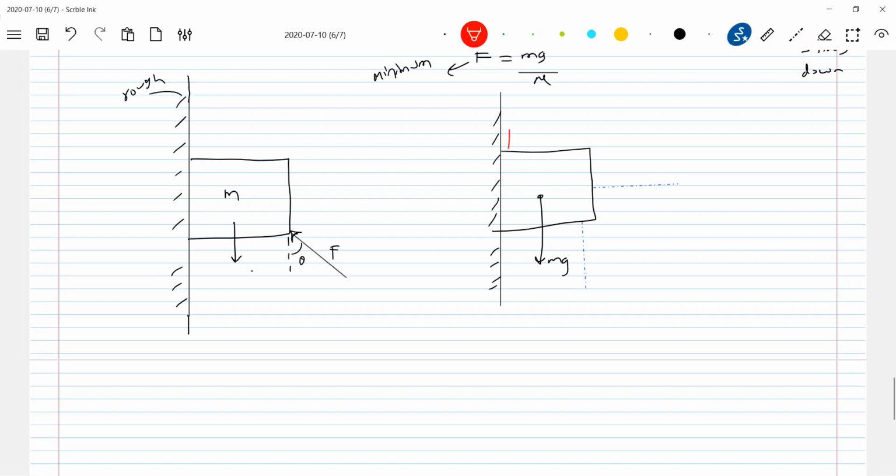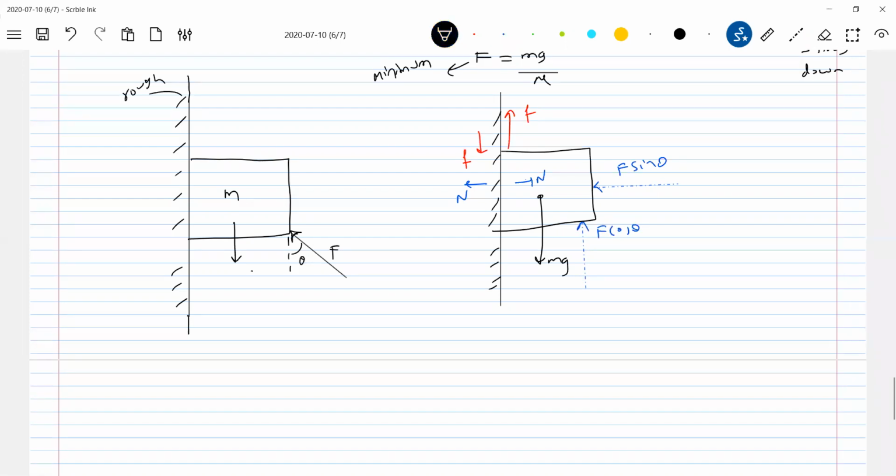So here the friction and the normal contact from the wall. This will be N. This will be N. This will be how much? F sine theta, and this will be F cos theta.